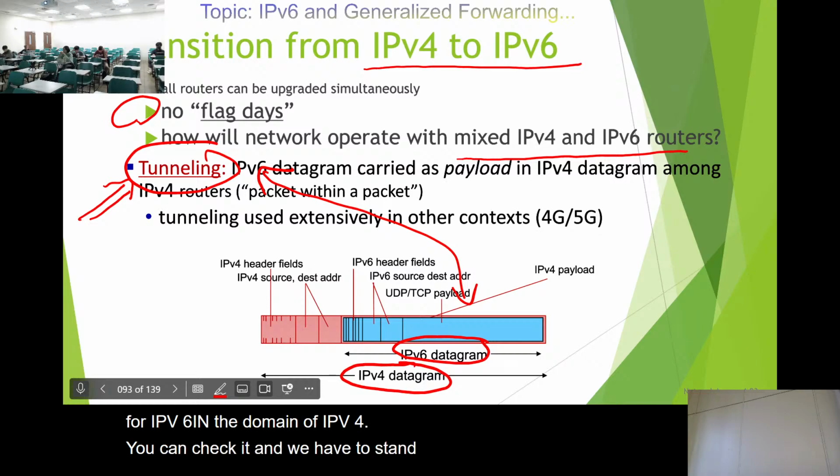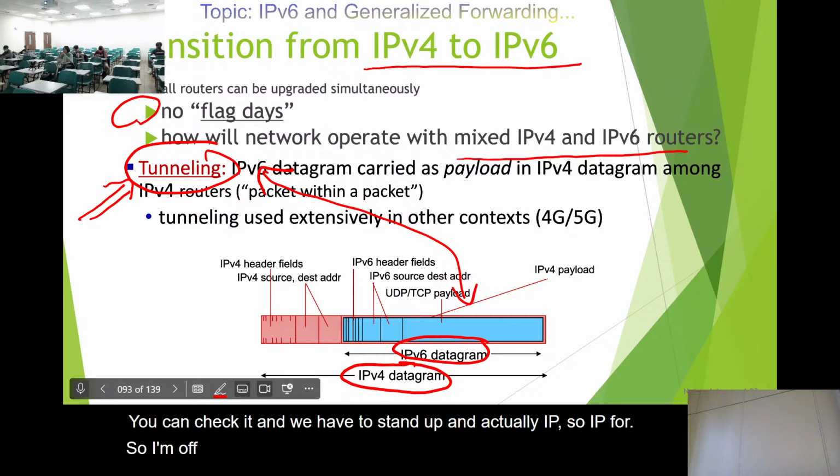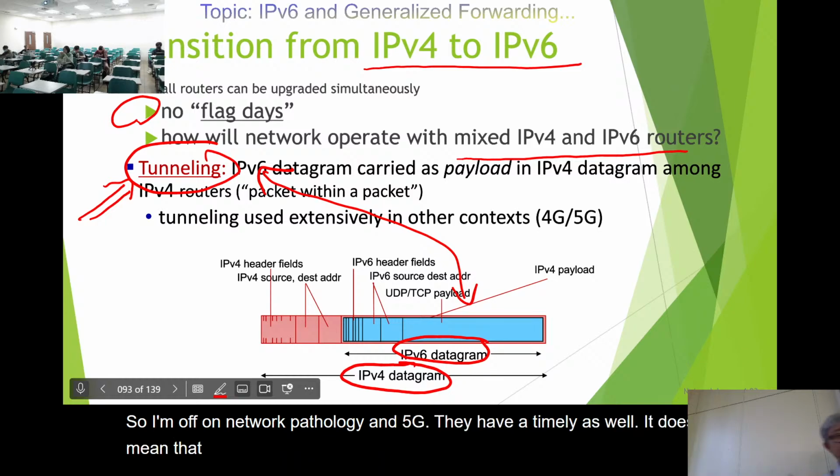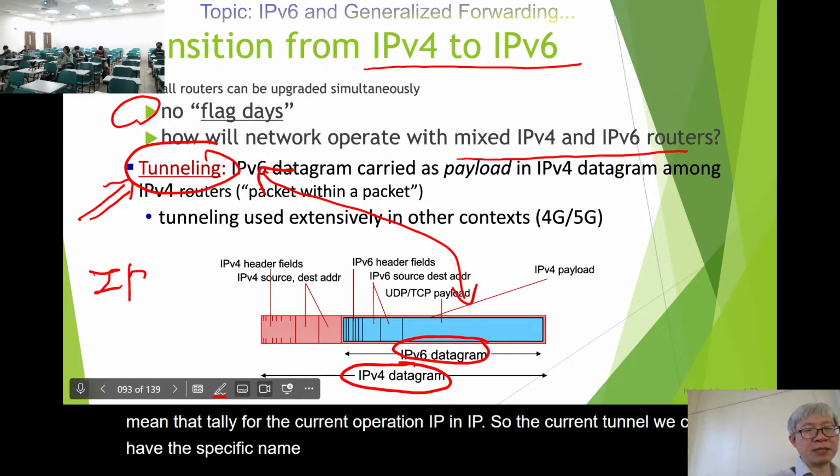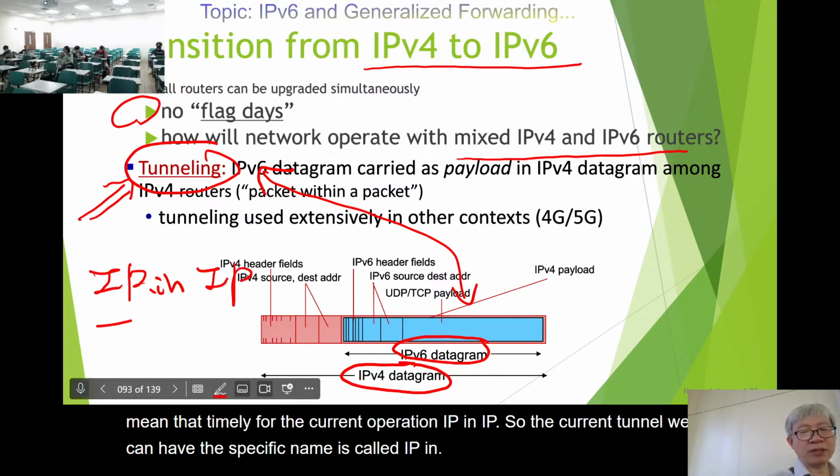And actually for some of our networks, for 4G and 5G, they have tunneling as well. It doesn't mean it is tunneling for the current operation, IP in IP. So the current tunnel, we can give a specific name. It's called IP in IP tunneling.